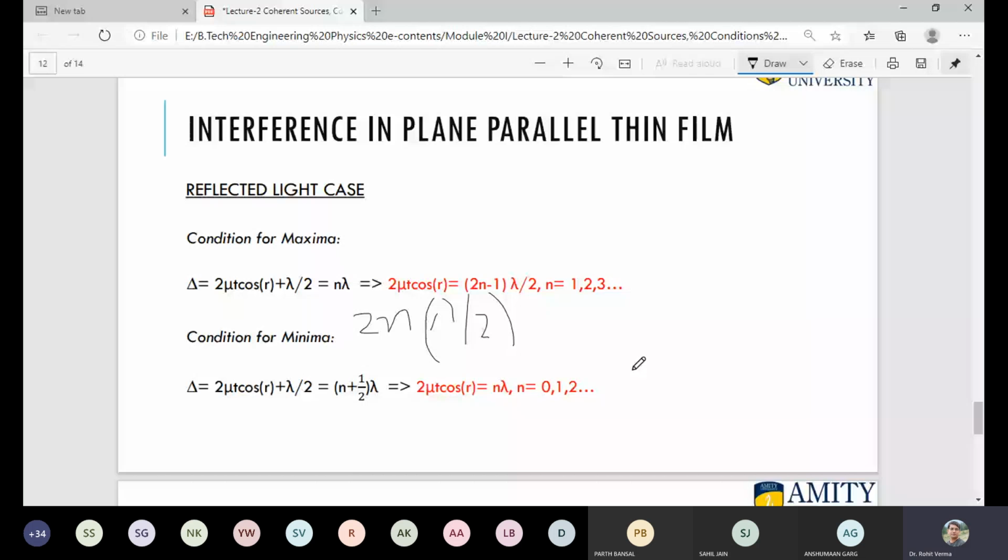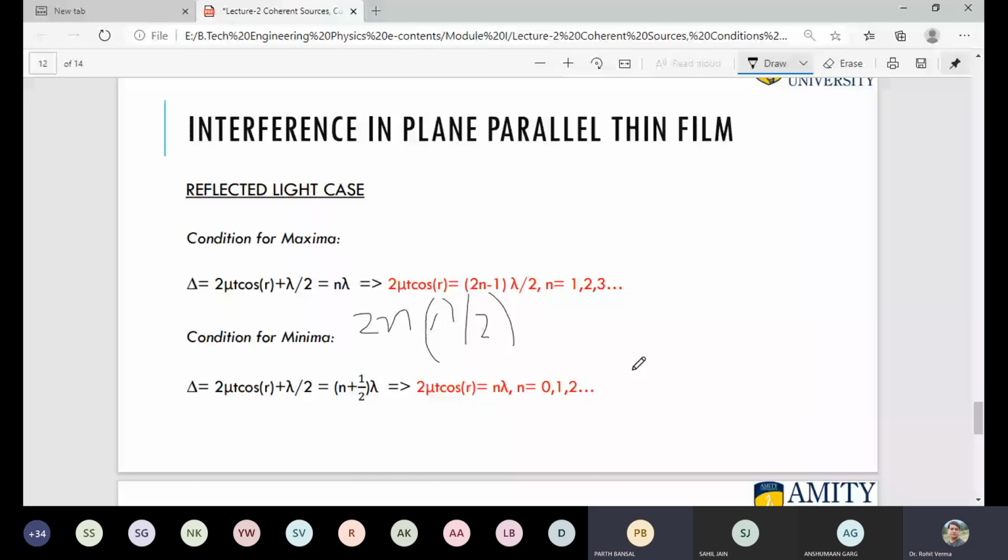Because at the points of minima, if the difference is very small, then you will get very small intensity. And at the points of maxima, you will get an intensity greater than, or about double, the sum of the intensities of the individual waves.